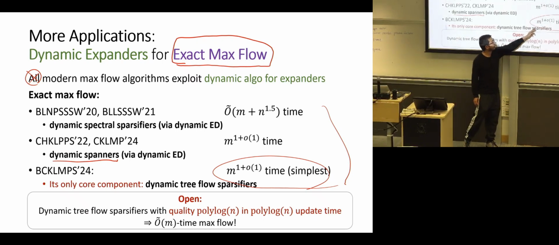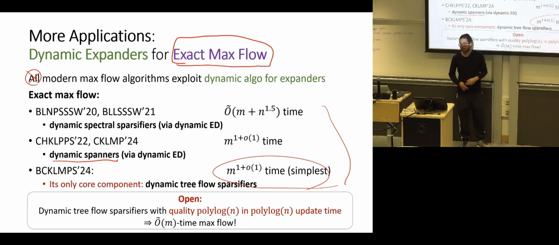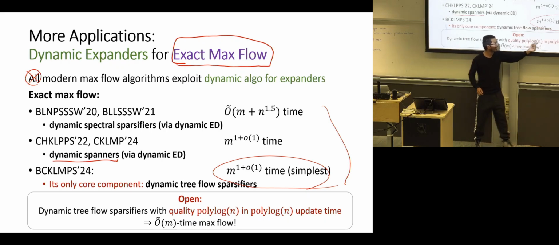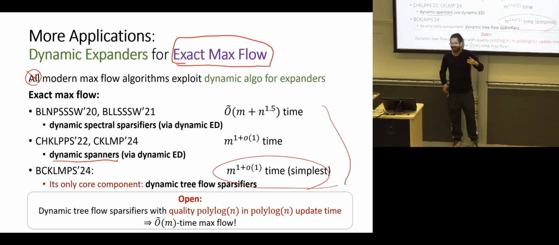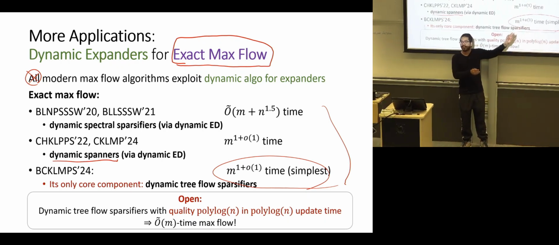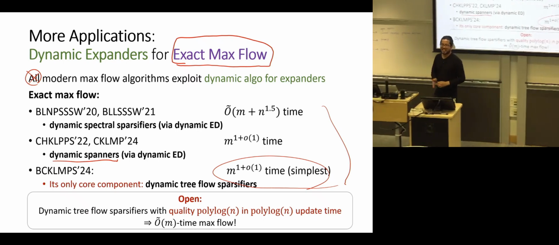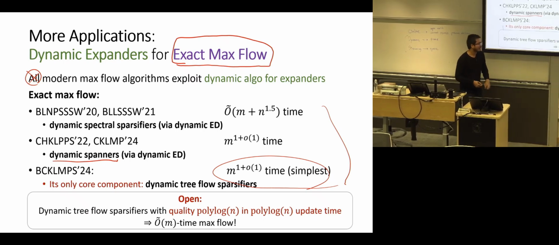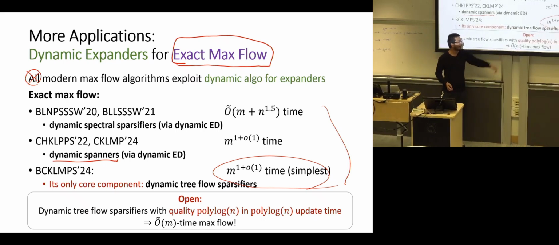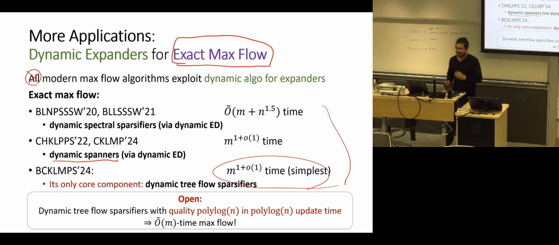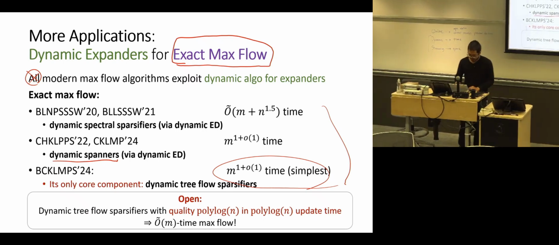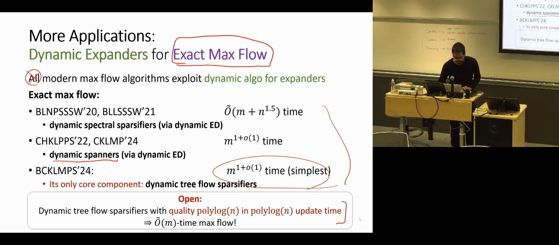If you recall, I developed this dynamic tree flow sparsifier with quality n^{o(1)} and n^{o(1)} update time. They just use that and they get this result. But if you can improve this to polylog, then you basically achieve the real holy grail of flow algorithms. So it's really interesting if you can do this. I really want to know.